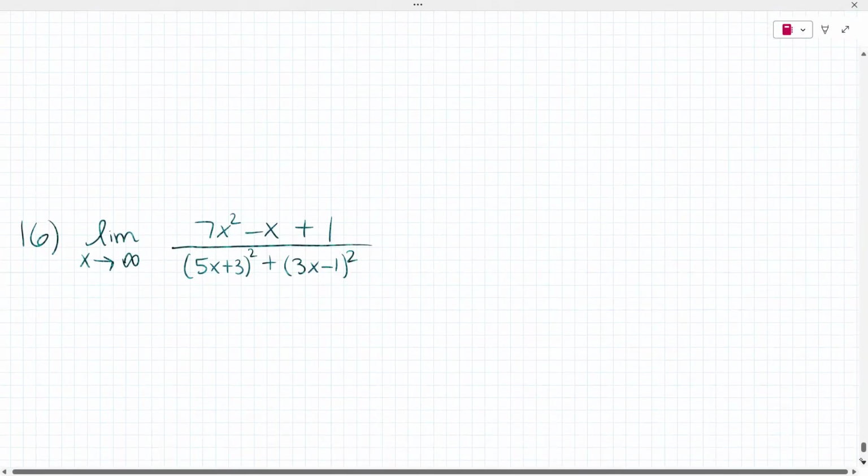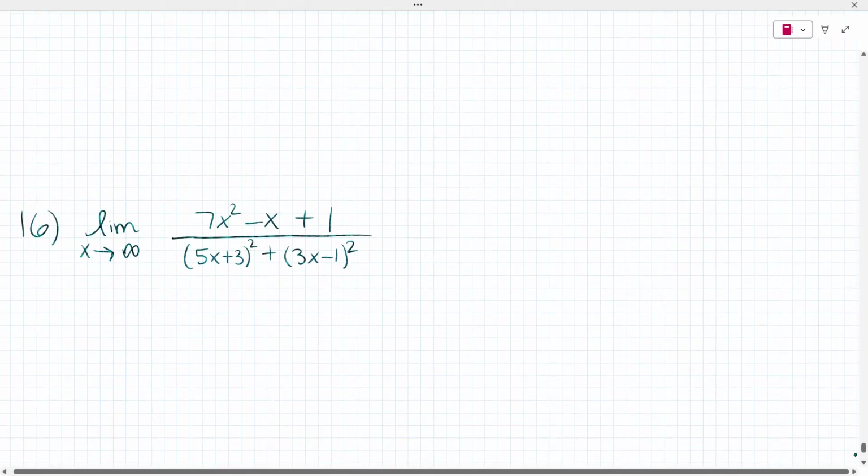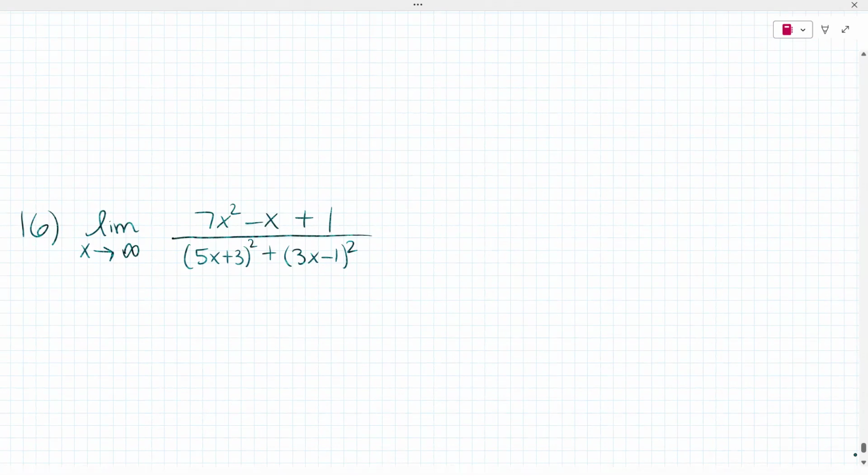Okay, 16, we have: what is the limit as x approaches infinity of 7x squared minus x plus 1, and on the bottom, it's (5x plus 3) squared plus (3x minus 1) squared. So the numerator's highest term is 7x squared. On the bottom, unfortunately, you've got to FOIL it out, but you don't have to FOIL out everything. I'm going to FOIL out this 5x.